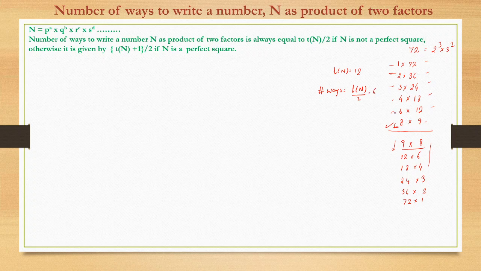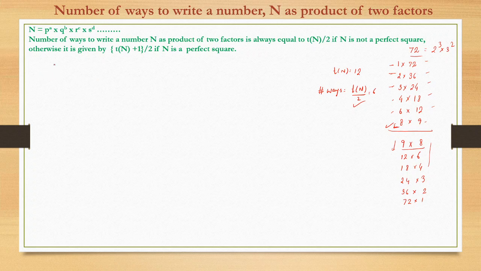This is what we intend to do here. Since the number was quite small and easy, we could manually figure out everything, but had the number been large, it would have been difficult. That's why there's a need to generalize this concept. For that, we'll refer to what we studied in the previous video, wherein we found the product of the factors.